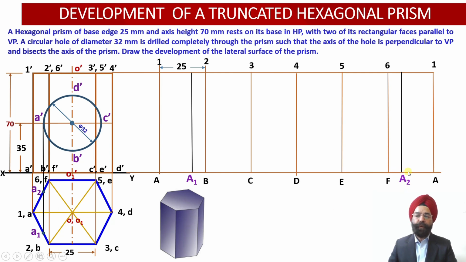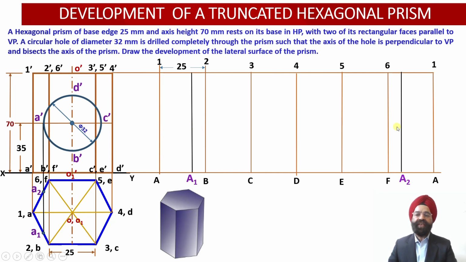So between the edge points F and A, at a shorter distance from point F, which is equal to this distance, or at a larger distance from end A, that is distance from A to A2. So this way point A2 can be located either way around. And once we locate this point A2, again a black color vertical generator we have drawn over here. So this is again an artificial vertical edge length which we have obtained, onto which point A will be located onto the rear face of the solid over here.